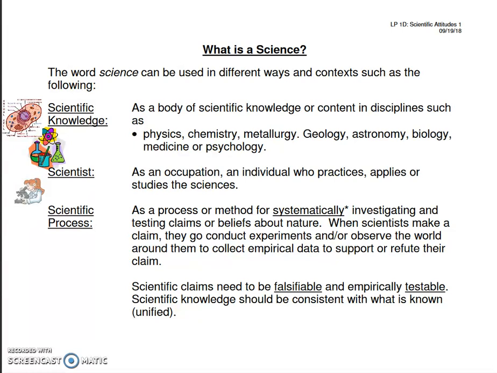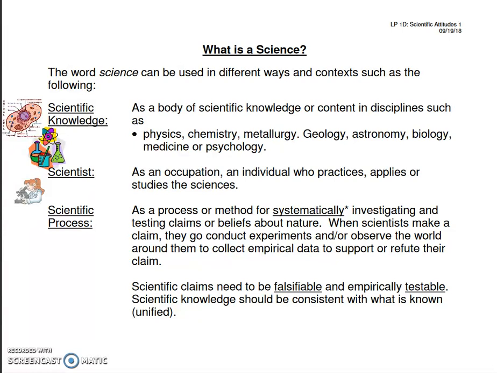Now, the first chapter focuses on scientific processes. So we're using science in the context of a scientific process, a process or method for systematically investigating and testing claims about nature. And if you don't do it systematically, we run into a lot of problems which can lead us to false beliefs.